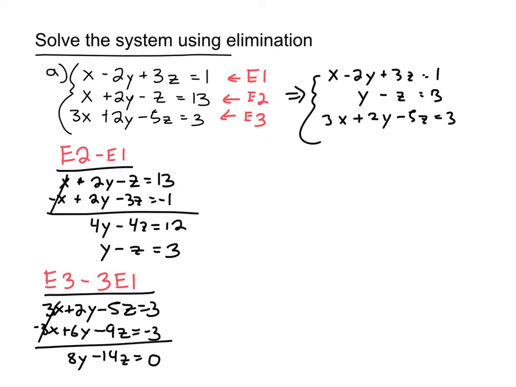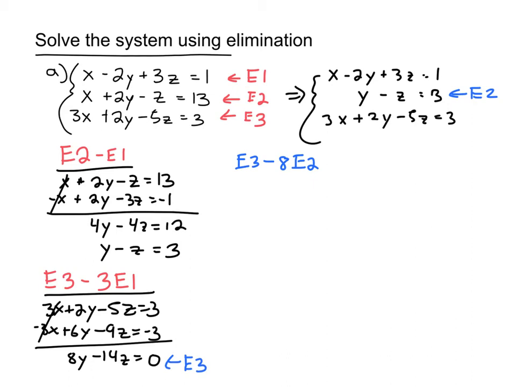Okay, so now the next thing that I'm going to need to do is eliminate y. This is my new equation 3, and I need to eliminate y from it. So to do that, I'm going to take equation 3, and then I'm going to subtract off 8 times equation 2, my current equation 2.